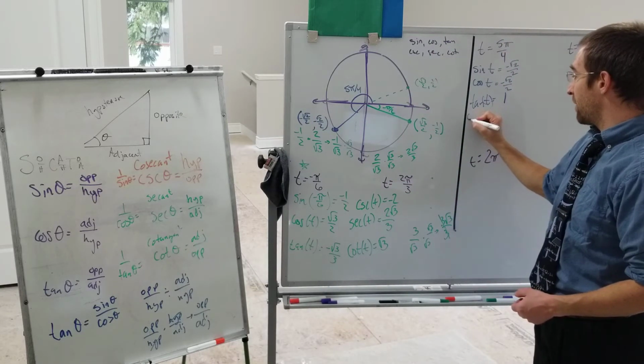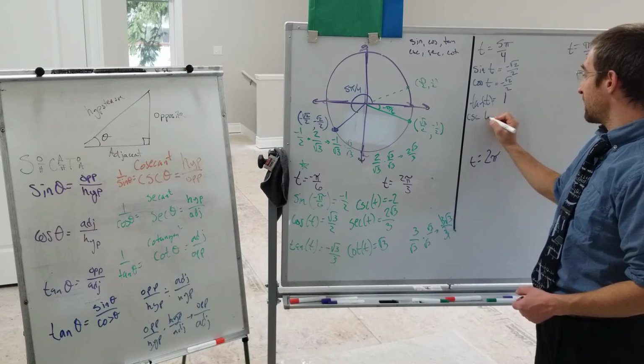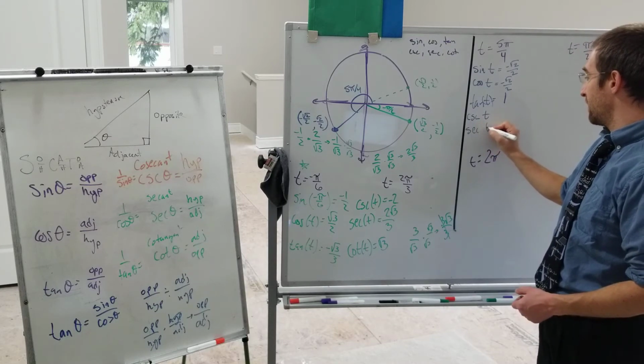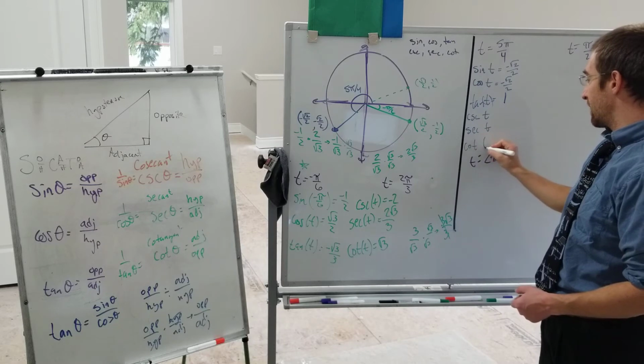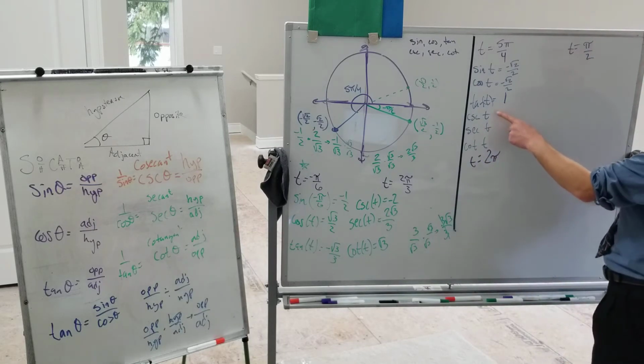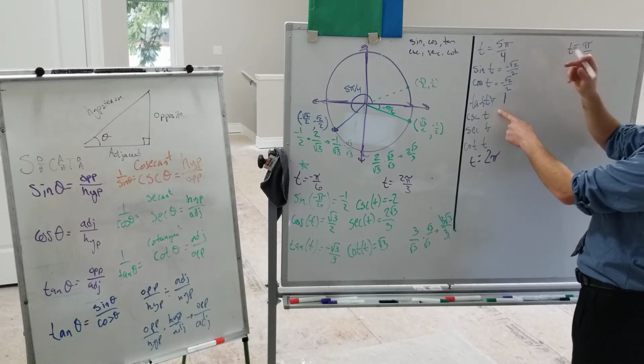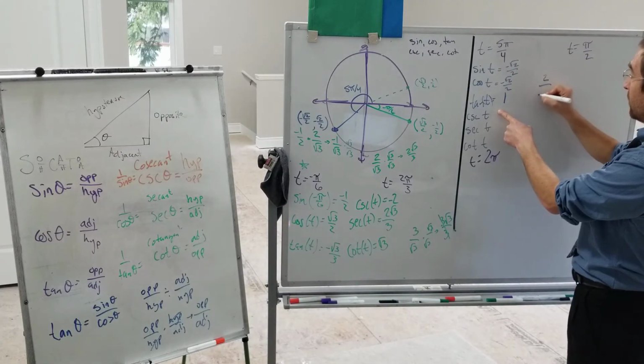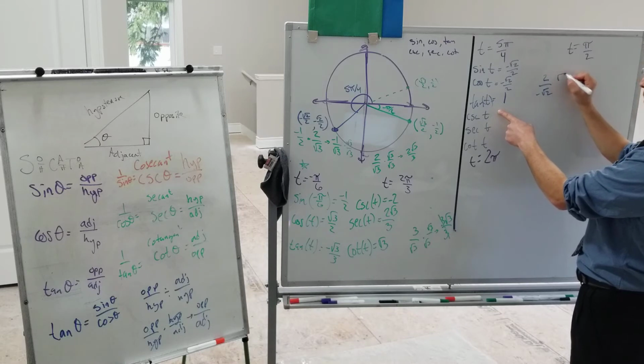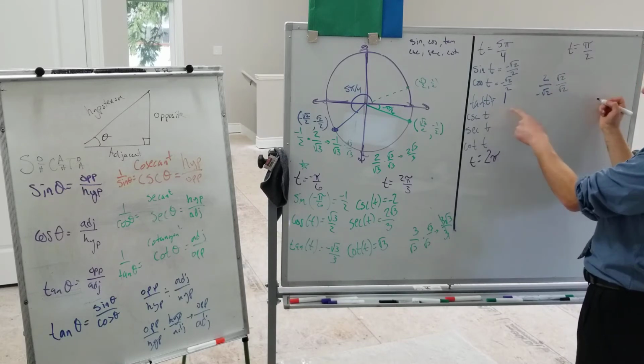Now if I want to find my cosecant of t, my secant of t, and my cotangent of t, well, to find my cosecant, I'm going to do 1 divided by sine of t, or the flip, the reciprocal. So 2 over negative root 2. I'm going to multiply that by root 2 over root 2.